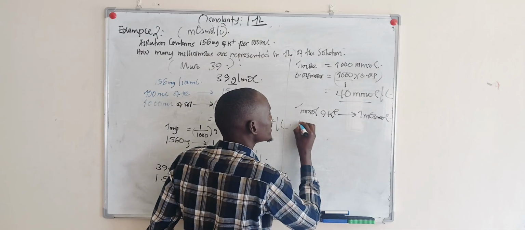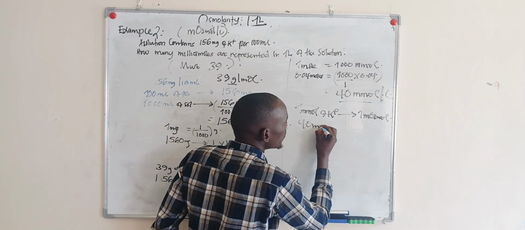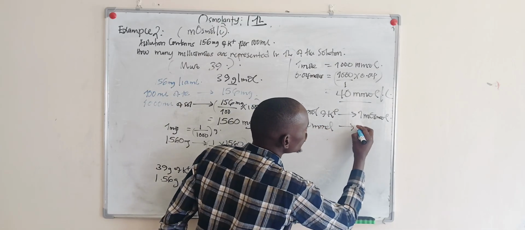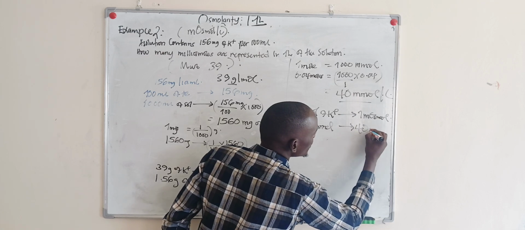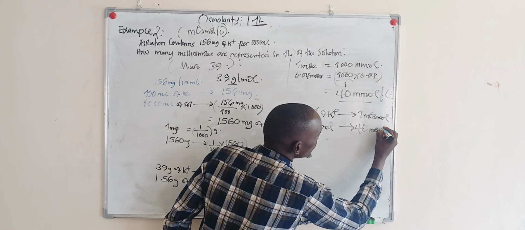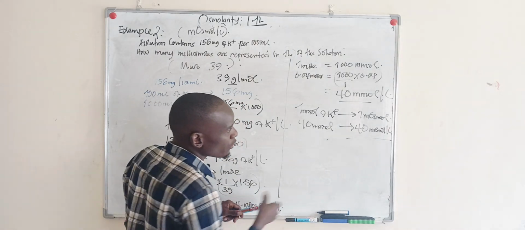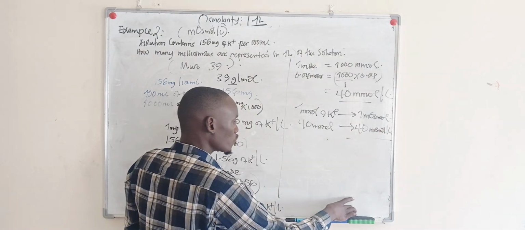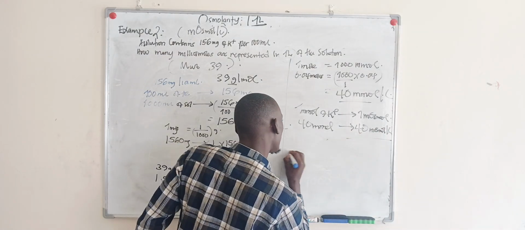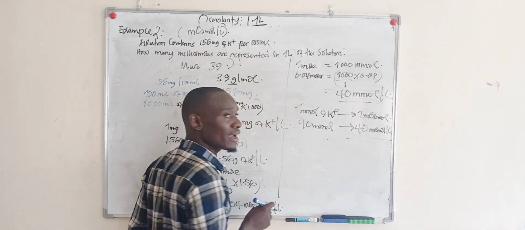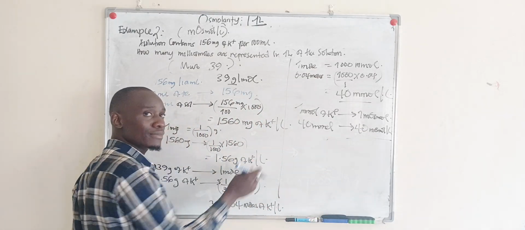How about the 40 millimoles? It means it will also be equal to 40 mOsmol per liter. So the number of mOsmol per liter will be 40. I want you to use the formula and see whether you can come up with the same answer.